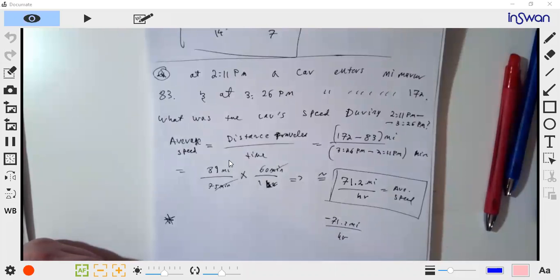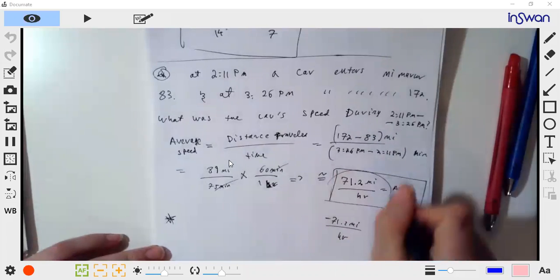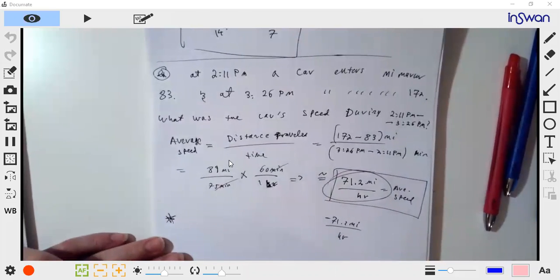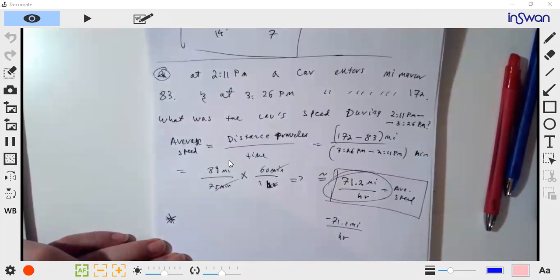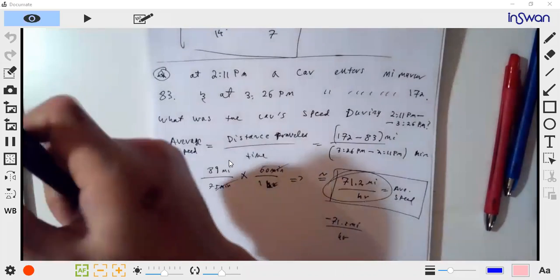So if this was 71.2 miles per hour north, then automatically the negative would be 71.2 miles per hour south, which is the diametric opposite of north. So keep that in mind.